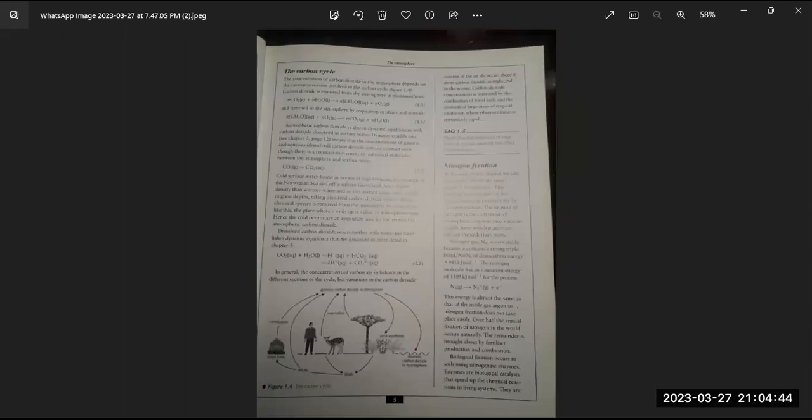Because remember, for the exam it is not for you to regurgitate information as to, for example, what is this, what is that. It is more application. So you can get a case study.